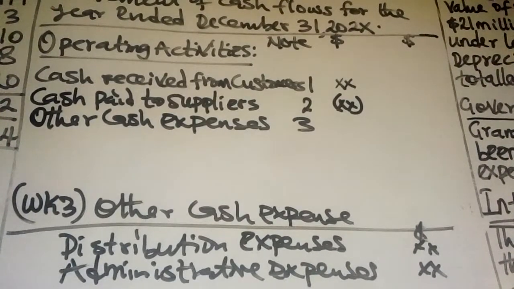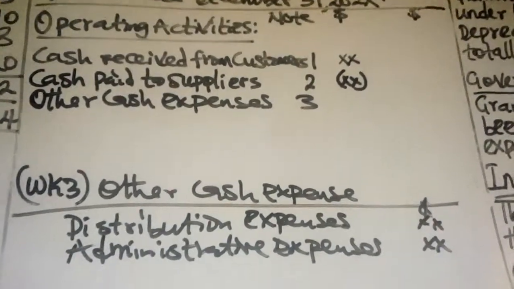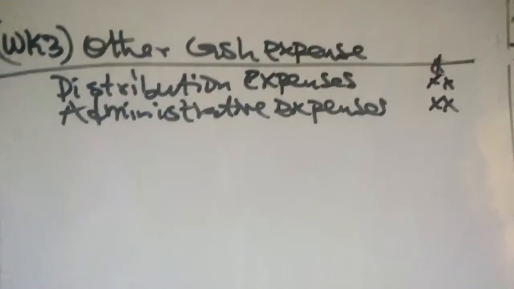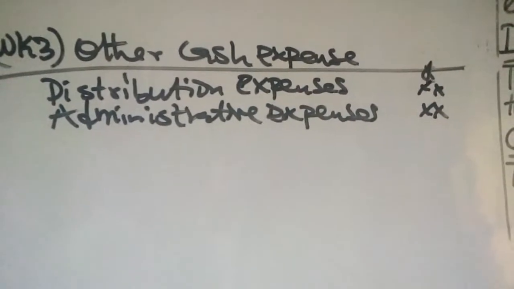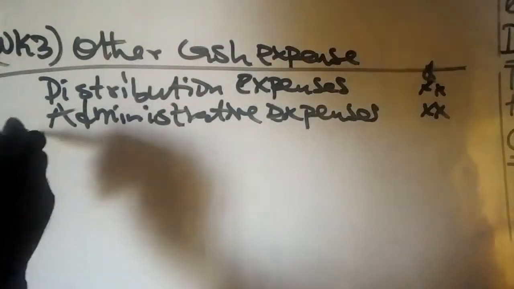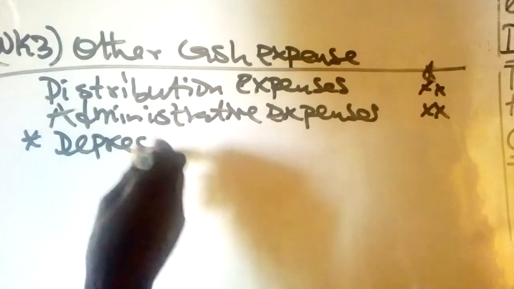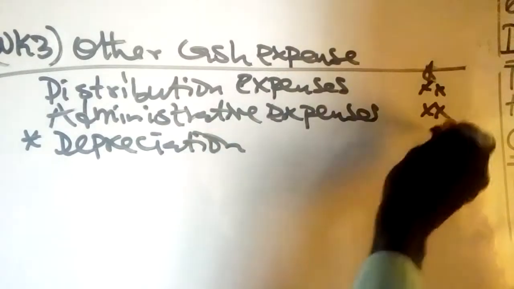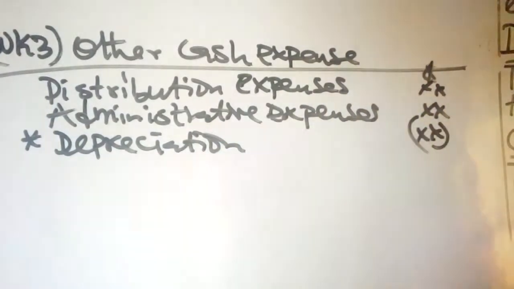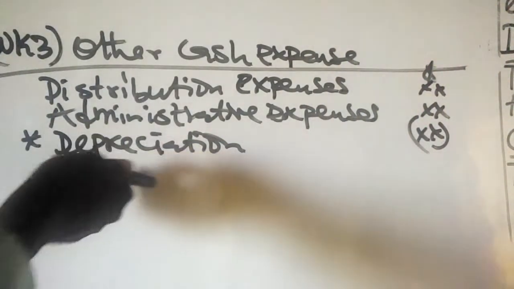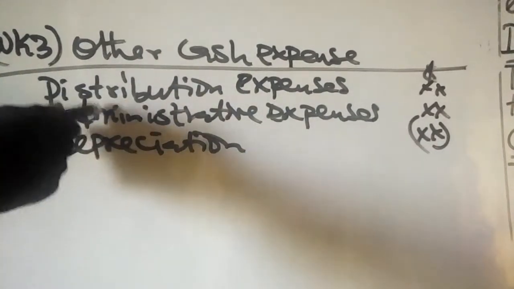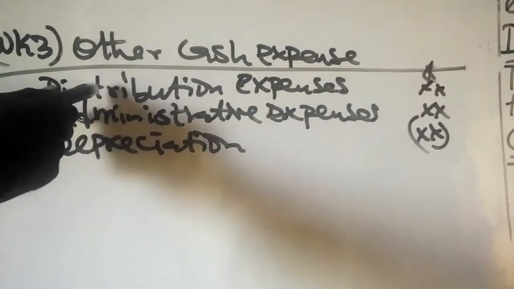Where these expenses include an accrual-based item such as depreciation, since depreciation follows the accrual basis, you are going to remove depreciation. I asterisk that because if the depreciation policy is cost of sales, then you will not need to remove that depreciation from this. You only remove depreciation where it has been included here.